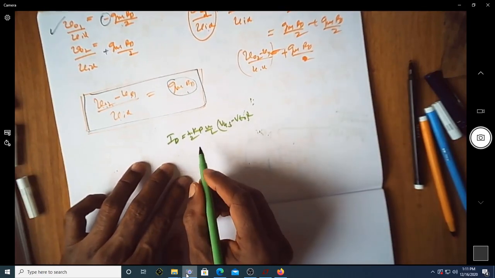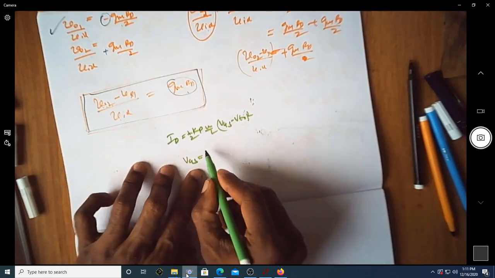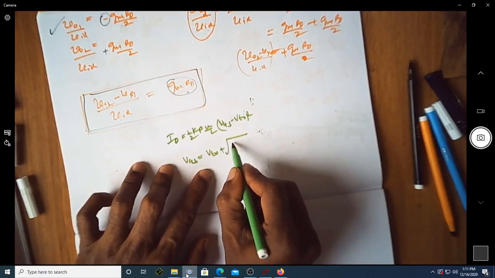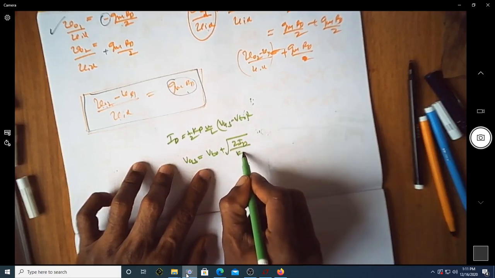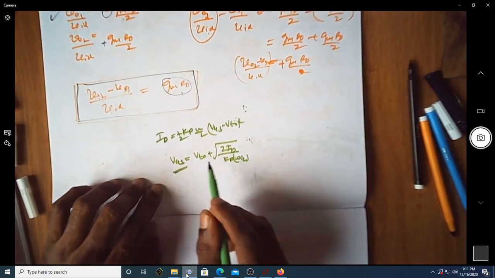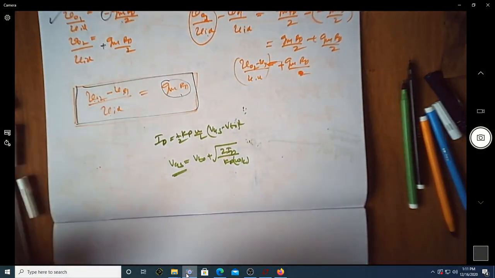So from which I can write VGS is equal to VTO plus under root of 2 ID by kp W by L. This way we can find out the required value of VGS for this particular case.